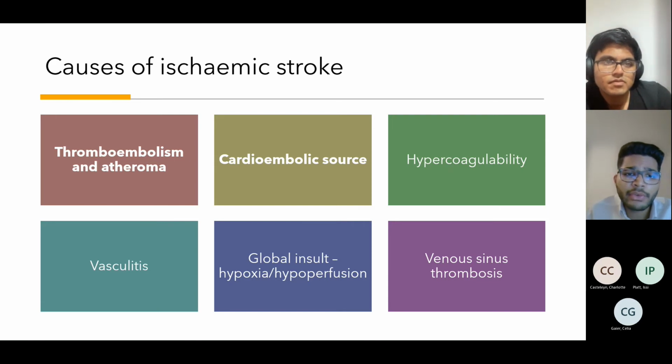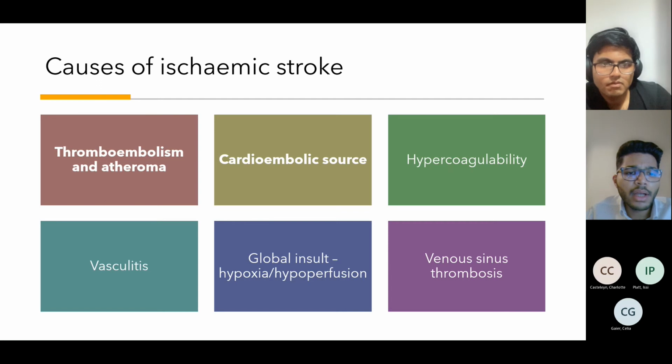There are some rarer causes as well. So thromboembolism and atheroma is number one. Then you've got your cardioembolic causes. So things like AF, not only AF, but also infective endocarditis, because you can throw off septic emboli to the brain. They can cause both meningitis and strokes, and that's just really not good.